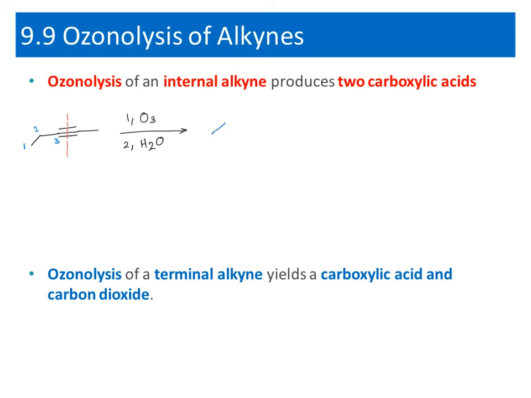This is 1, 2, 3 carbons, and then we are gonna add carboxylic acid functional group. Okay, so in the right side we have 2 carbons. This is 1, 2, and then we are gonna add carboxylic acid functional group. So we formed 2 products in this reaction.